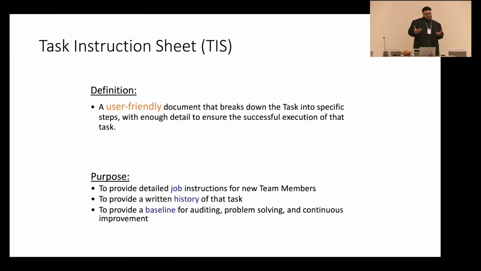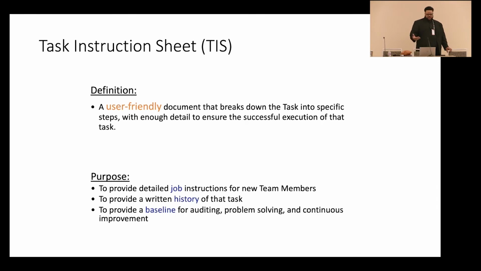A task instruction sheet, on the other hand, is a user-friendly document that breaks down the task into specific steps with enough detail to ensure the successful execution of that task. As it pertains to a maintenance activity, there might be specific tasks associated with that maintenance work order, but then you take that task and you break it down into its simplest parts to drive efficiency.